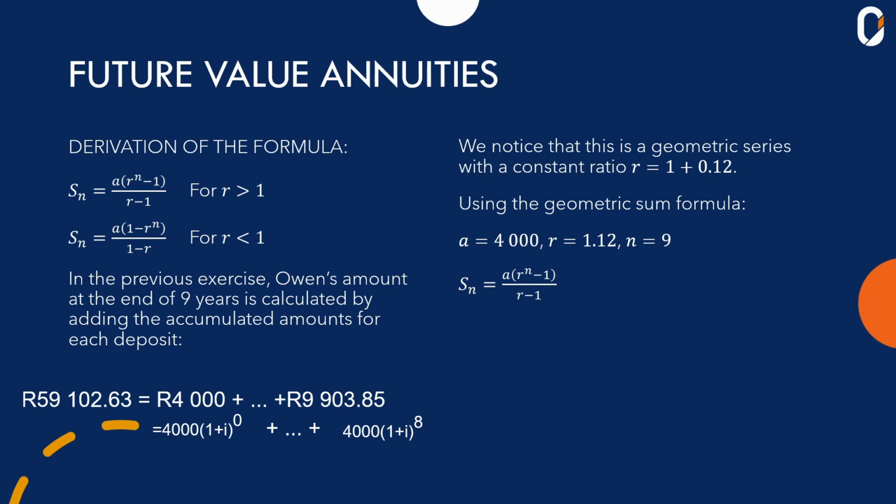Substituting in my values, I will have Sn is equal to 4,000 multiplied by 1.12 to the power 9 minus 1, all divided by 1.12 minus 1. Punching that into the calculator will give me 59,102.63 rands. See, this was very simple and straightforward and much less time consuming as compared to the table.